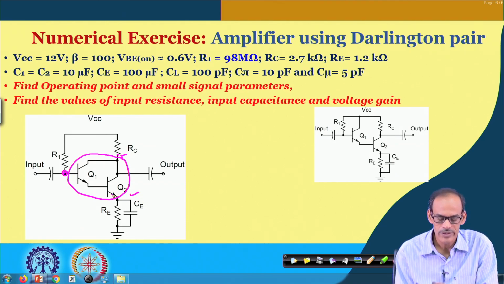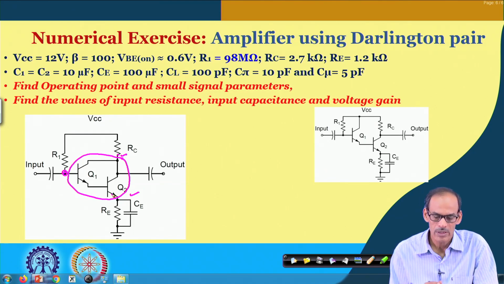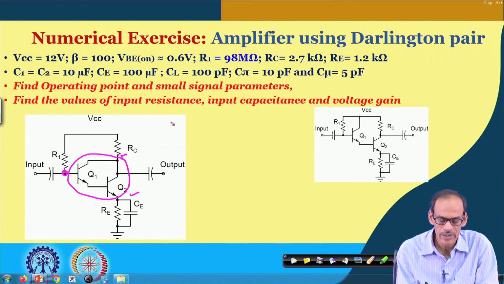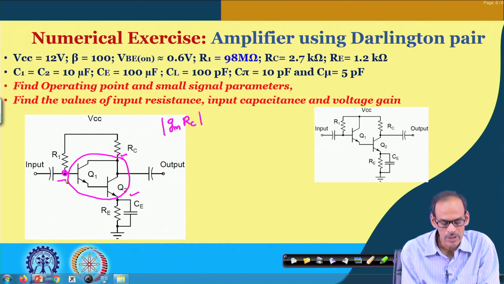And then if you put this structure, or you can say composite pair, in CE configuration, we will get the same gain as the CE amplifier, namely gm into RC, but the main advantage is that the input resistance here will be quite high.